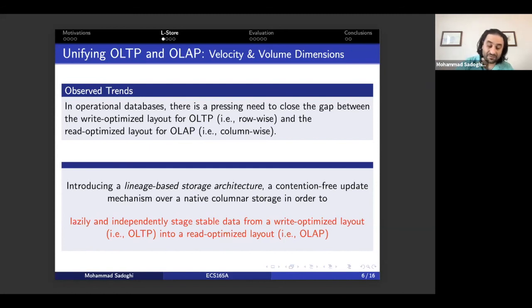Because if I saved on locking and I saved on contention at the time of write, with append only updates, but then I have to do this consolidation, and this consolidation just brings the whole system to a halt while I do it, then I may be in a worse situation than where I started off. Why? Because if I paid extra for every update during normal operation, at a steady state, my performance was not so great, for example.